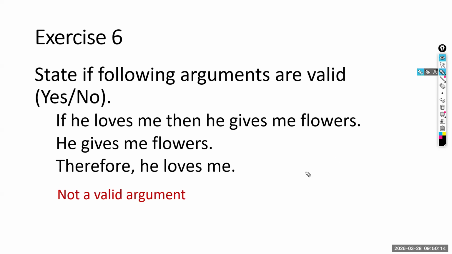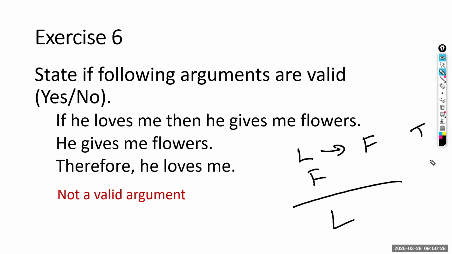Right? So let's do it in a proper way. Loves implies giving flowers. He gave me flowers. Therefore, he loves me. We can assume this is true, this is true. This must be true because it's an assumption.